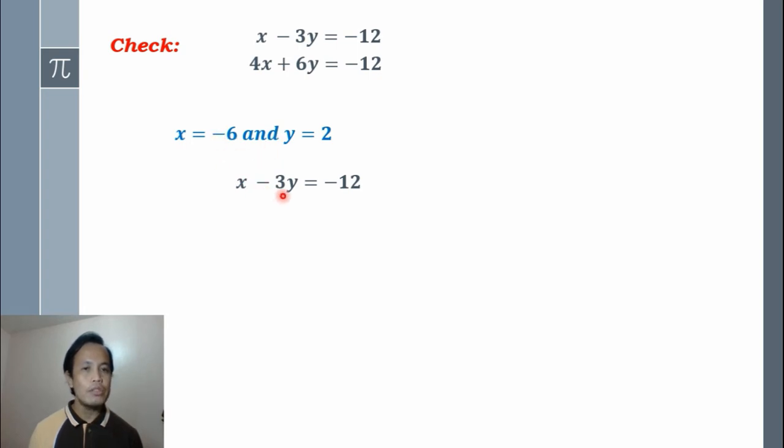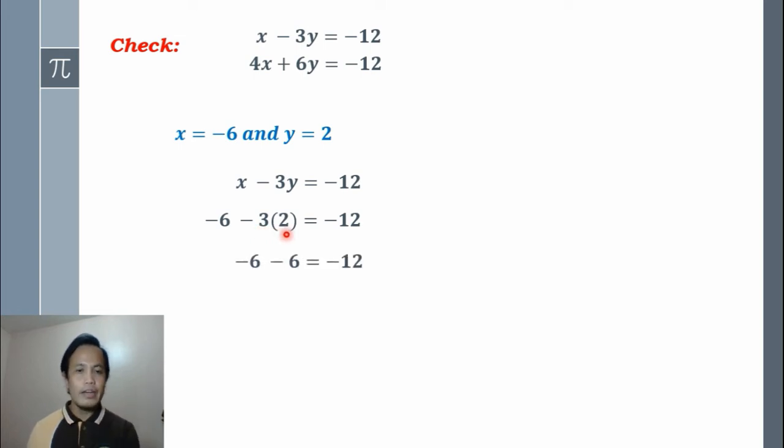Then we copy minus 3, and instead of writing y here, we multiply that with 2. So this becomes negative 6 minus 3 times positive 2. Negative 3 times 2 is negative 6. Then negative 6 minus 6 is of course negative 12. So therefore, the values give us a balanced equation.